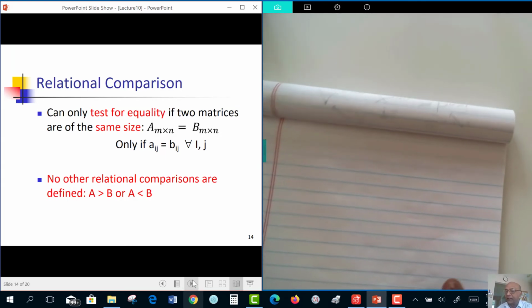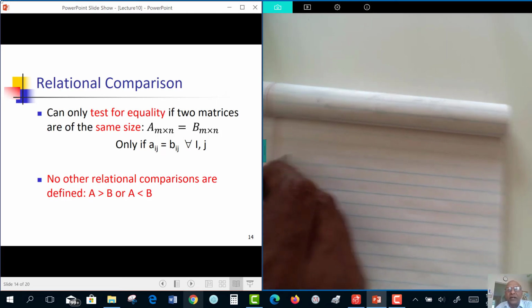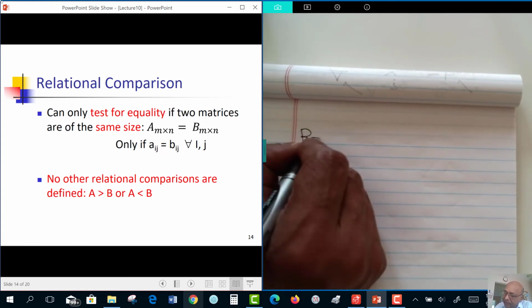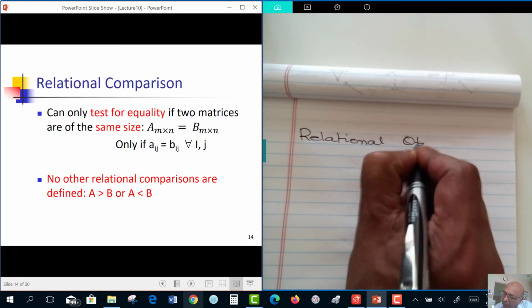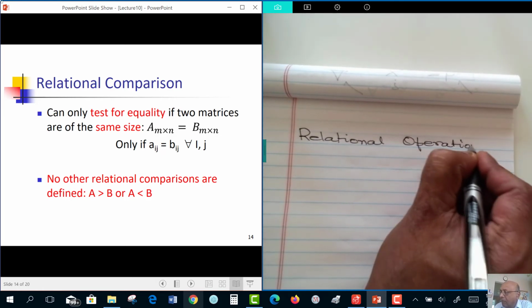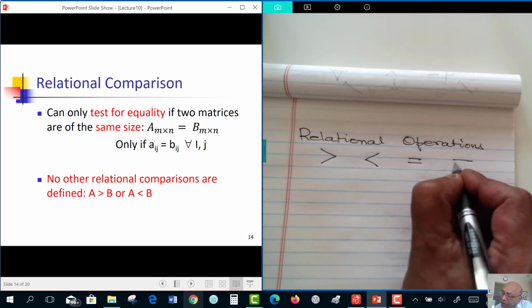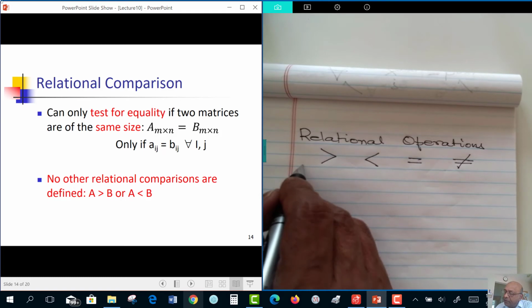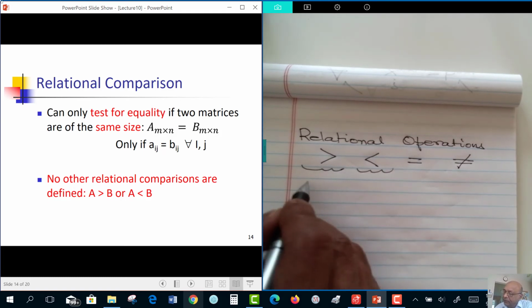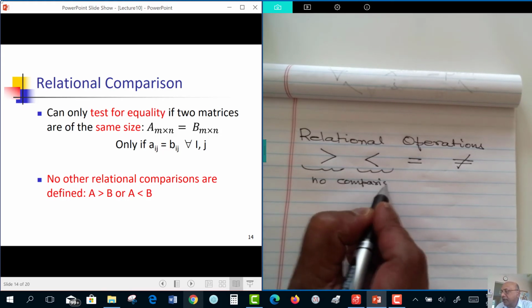Let's look at logical operations. So what are our logical operations? We call them relational operations. And they are greater than, less than, equal to, not equal to, things like that. So if we have two matrices, we cannot compare. So we can't say one is bigger than the other.